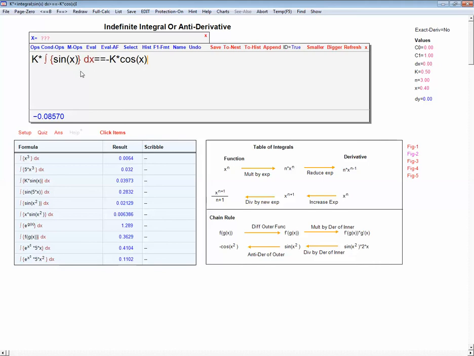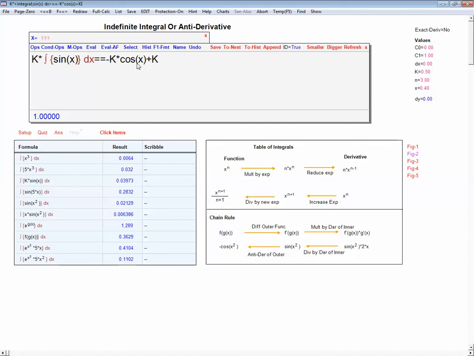Well, the reason is this is the indefinite integral, and the program in computing this may have chosen a different constant. So I think if I put plus k here, then we get equality. I have to choose the same constant that the program chooses, and usually it's this function here evaluated at 0.